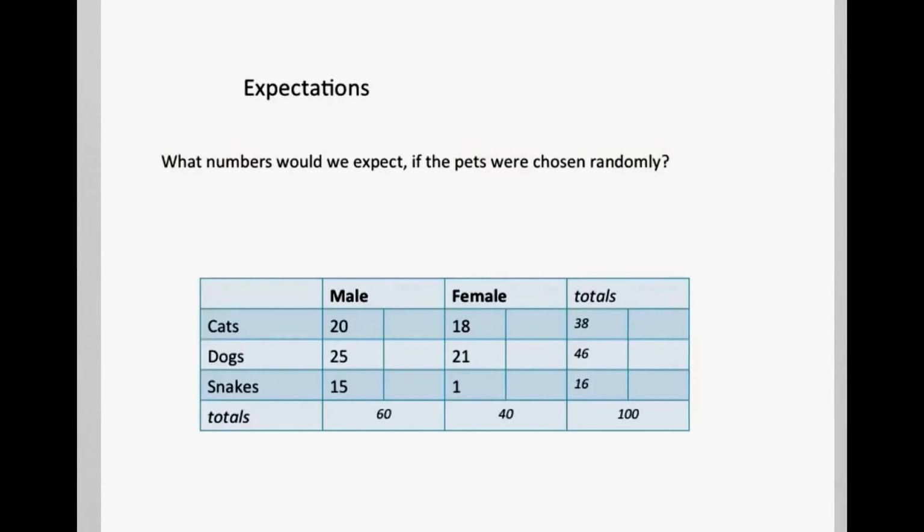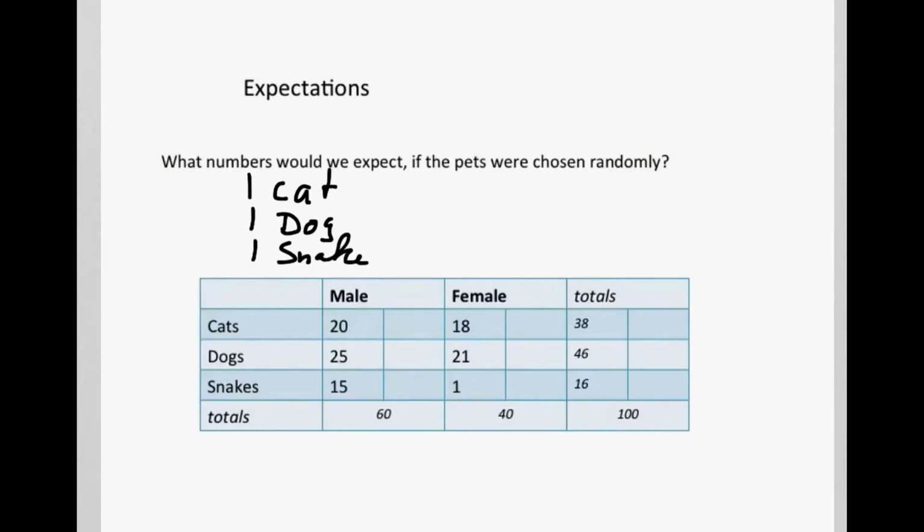So we had 100 people, and they would choose the pets completely randomly. So what we would really expect is that if we have 3 people, one would choose cat, one would choose dog, and one would choose snake.